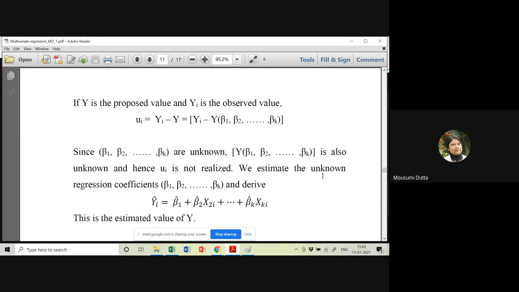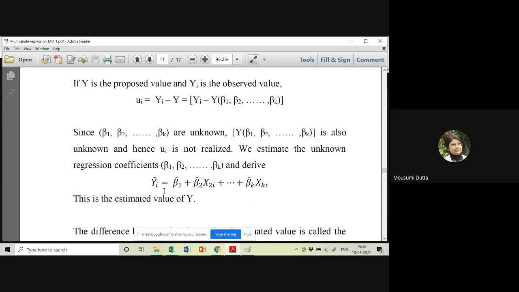We estimate the unknown regression coefficients beta 1, beta 2 to beta k, and derive the estimated value, which is given by yi hat is equal to beta 1 hat plus beta 2 hat x2i plus up to plus beta k hat xki. So what I am telling is that ui, which is based on unknown population parameters beta 1, beta 2 to beta k, cannot be realized.